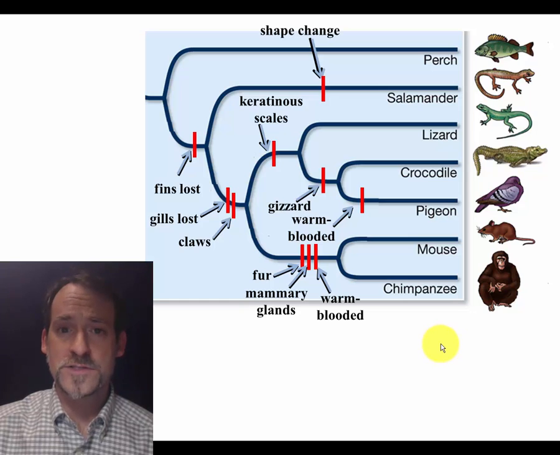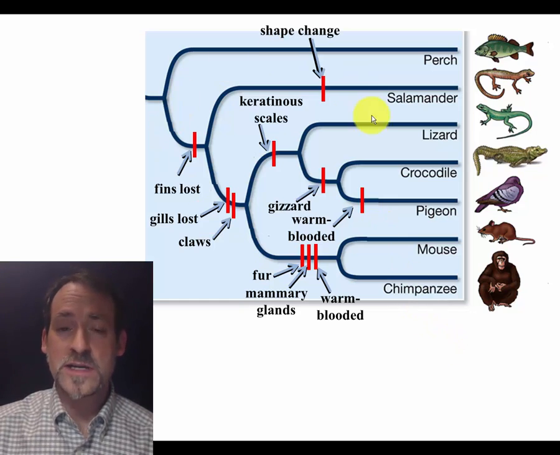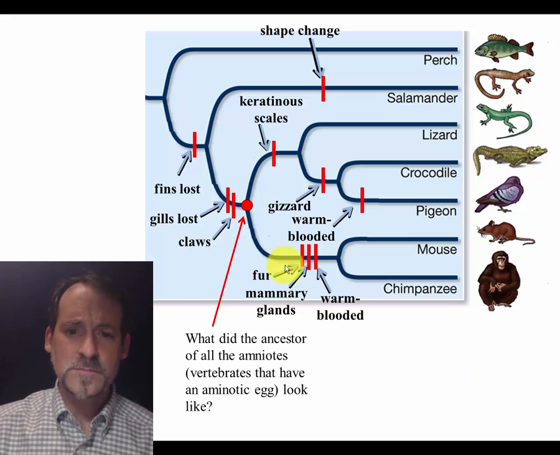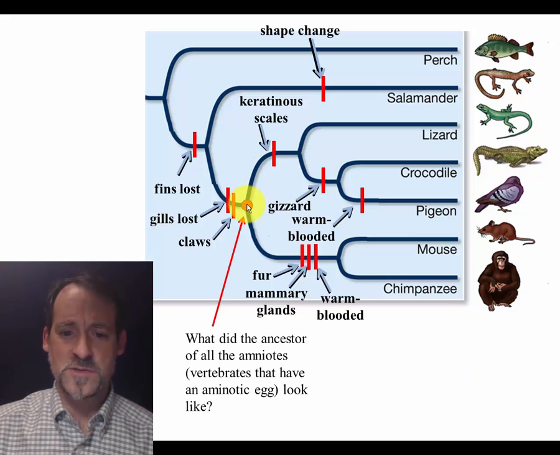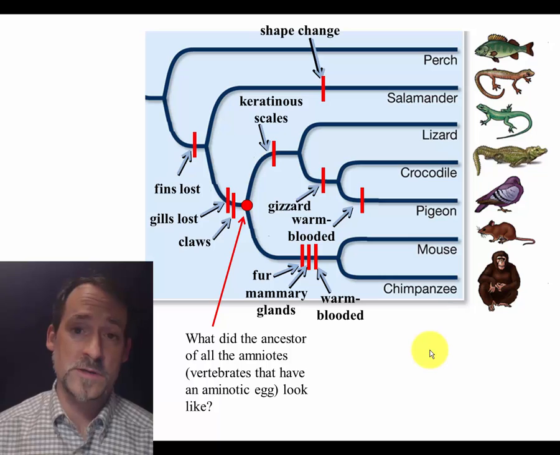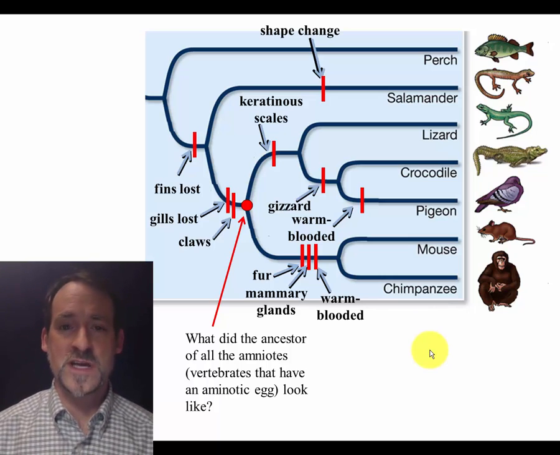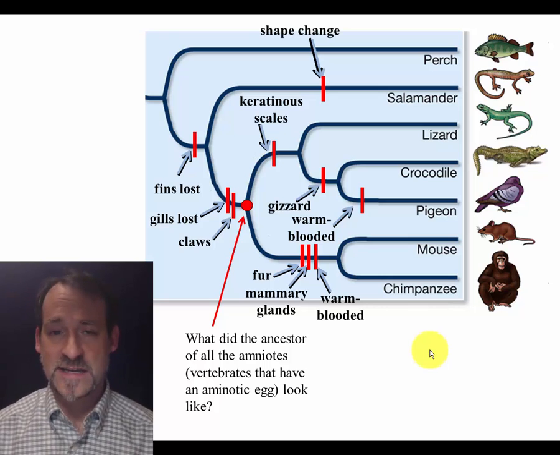Once you've got those, you can reconstruct for these particular characters what any of these ancestors looked like. So for example, here's an ancestor you might be interested in. This is the ancestor of all amniotes. One of the really important evolutionary leaps forward among vertebrates was the evolution of what's called the amniotic egg.